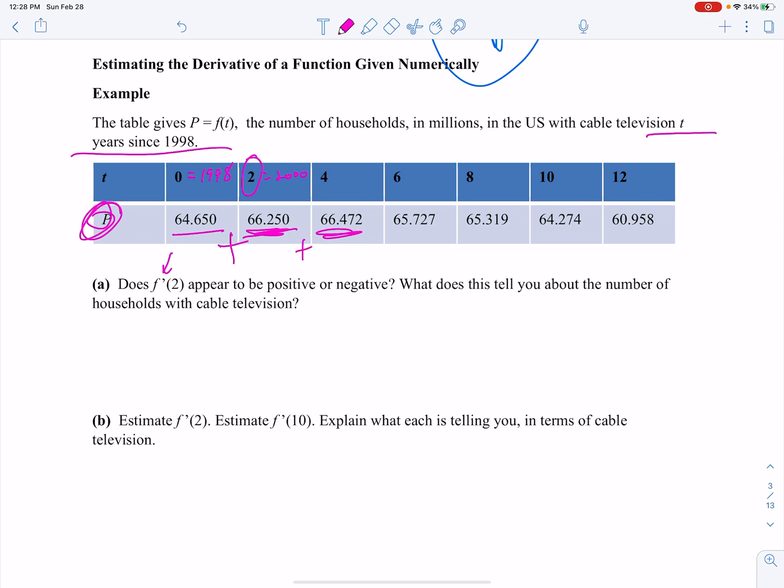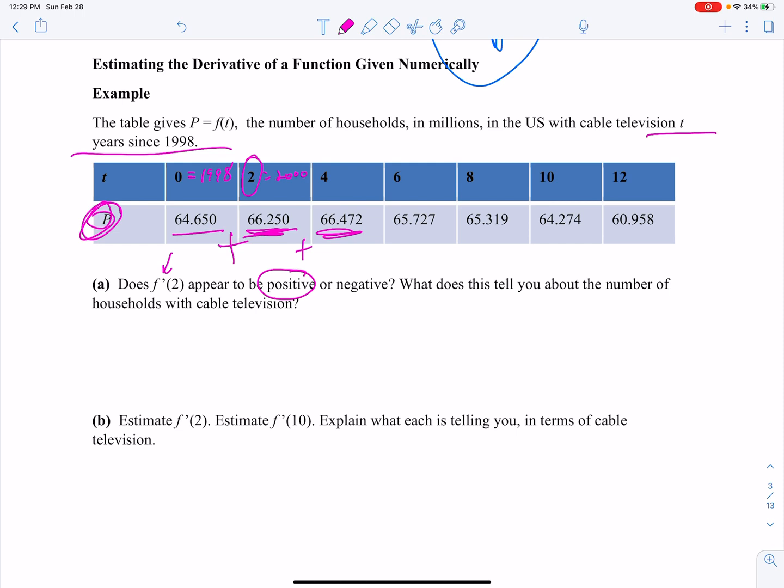So we have a positive slope between 2 and 4 as well. There's no guarantee, because we would have to see more accurate data than this, but we can assume that between two positive slopes you're most likely going to have a positive slope. It doesn't always mean that's the case, but in this case, the data kind of points to that. So definitely a positive slope.